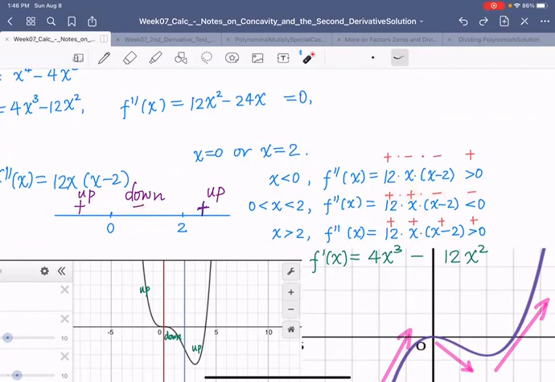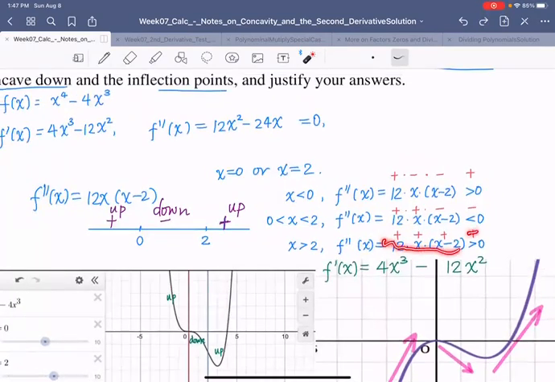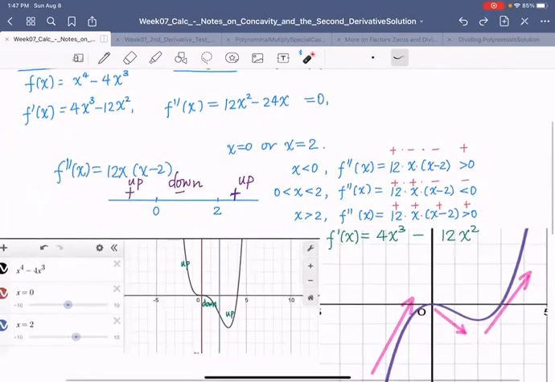Next, when we move to the right of positive 2, when x is bigger than 2, let's check the double prime. The 12 is positive. x is bigger than 2, of course x is positive. x minus 2 is positive. So all the product is positive, correct? Now we have this sign chart. This is our double prime sign chart.